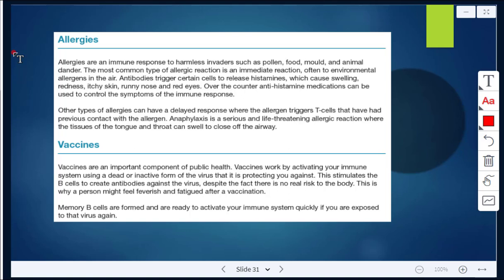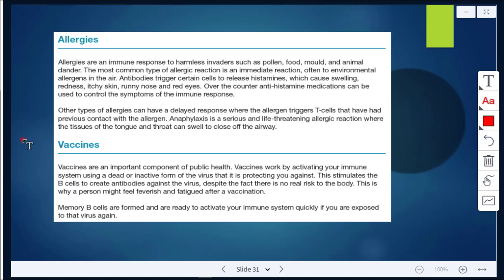Other types have a delayed response where the allergen triggers T cells that have had previous contact with the allergen. And then last is that anaphylaxis. That's the serious, life-threatening allergic reaction where the tissues of the tongue swell up and the throat swells up and it closes off the airway and it leads to death.